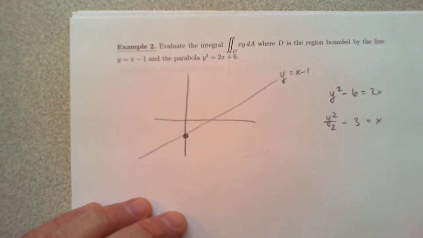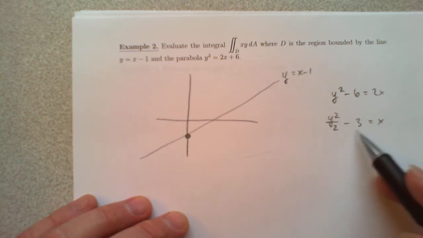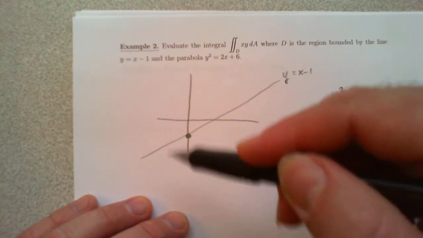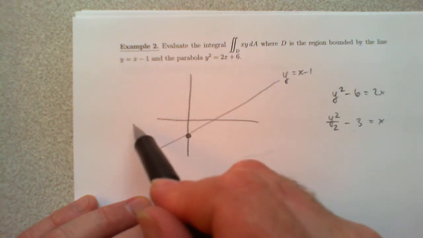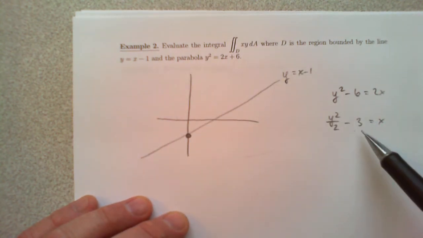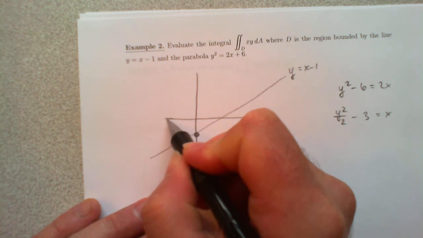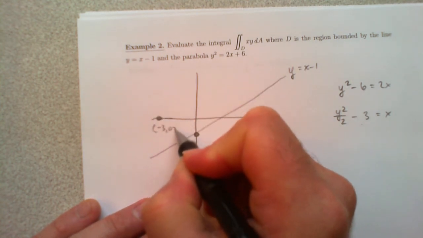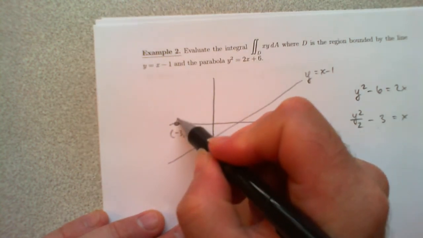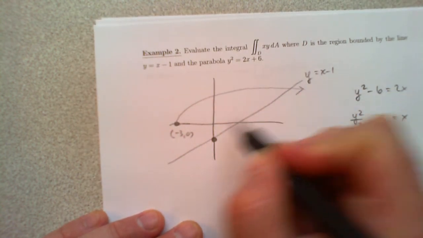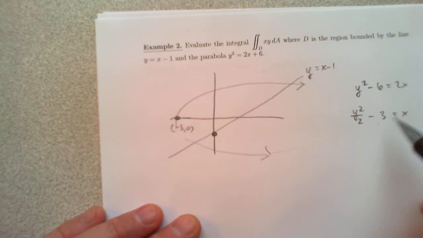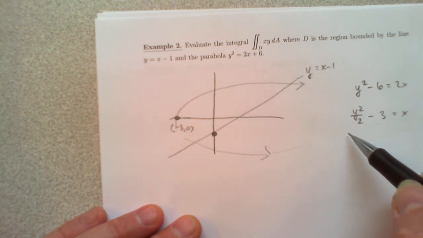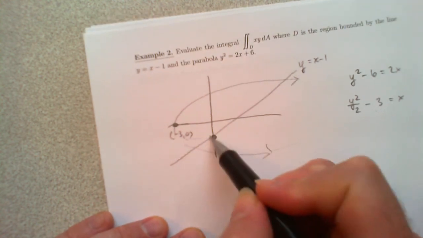Whenever y is equal to 0, you're on the x-axis, and x is going to be -3. That tells me that there's a vertex over here: run -3, rise 0. Now this thing has to go like this, because it's positive on the y squared. Okay, so now the region is this thing right here.